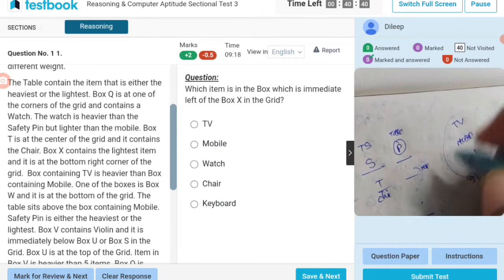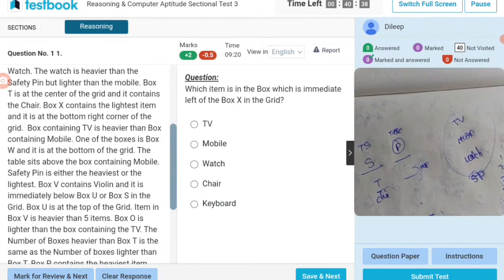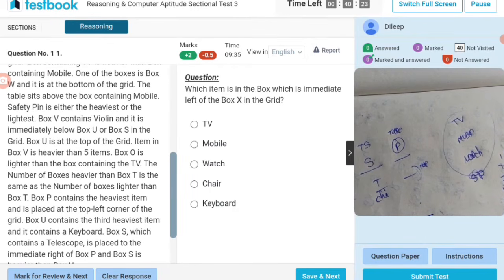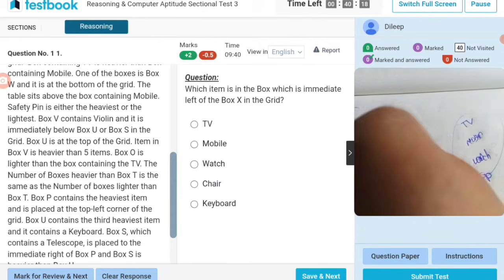And V is heavier than 5 items. O is lighter than box TV. So O is lighter than box TV. Keyboard.